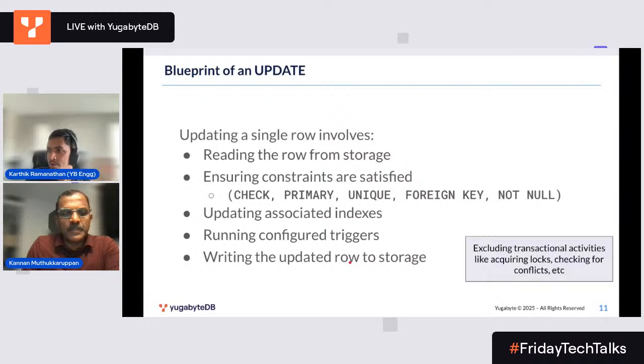And all of this is in really no particular order, but it just goes to show that these are all things that the database may do in updating a single row in its backend.